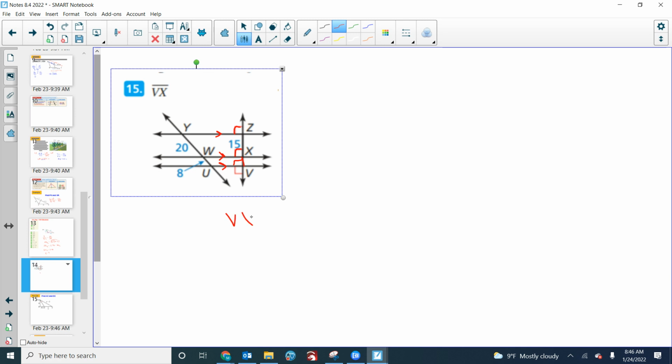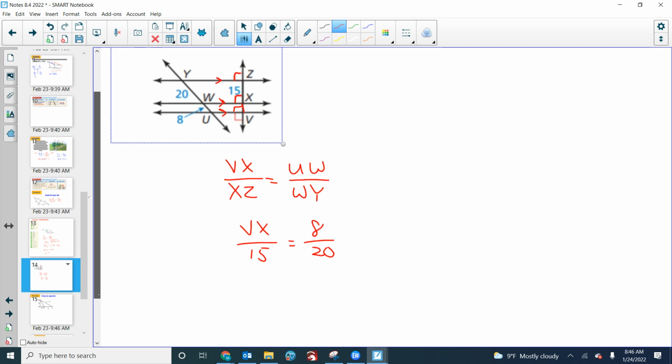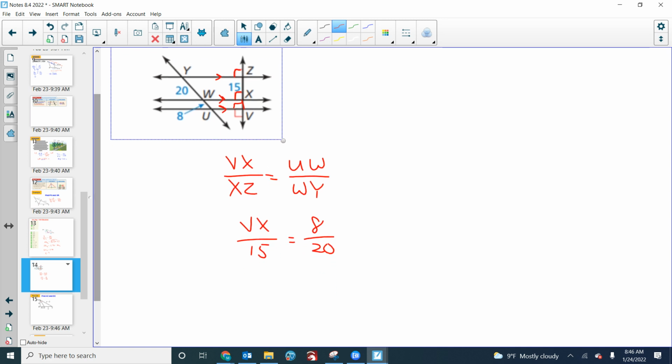So VX over XZ equals UW over WY. So VX, the unknown, over 15 equals 8 over 20. Good from there? Cross multiply, solve. You guys can get it from there. Any other homework questions for me?